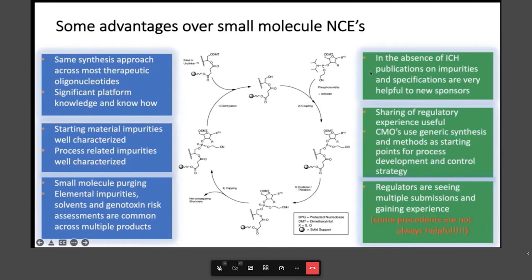And there are now groups publishing papers that can help us with respect to purging those small impurities. In the absence of ICH, we have some very good publications now on impurities that have been very helpful to new sponsors. And the oligo community has been very, very effective in sharing regulatory experience. And regulators are now seeing multiple submissions.